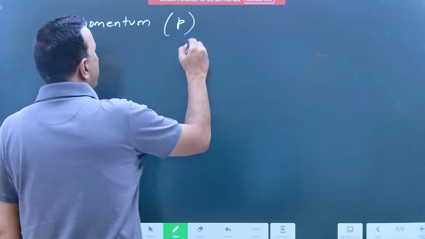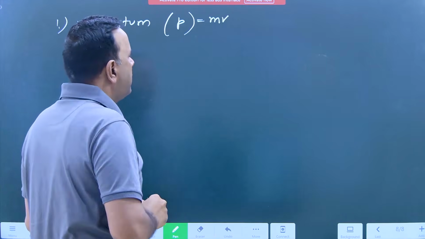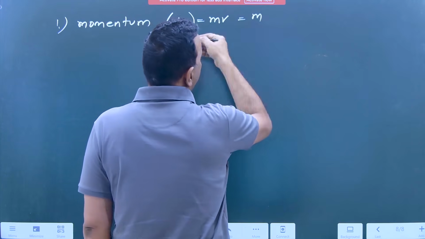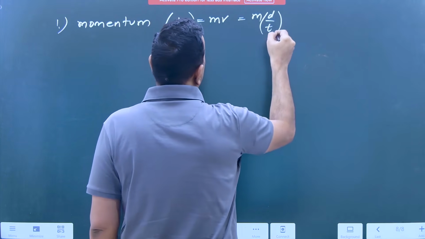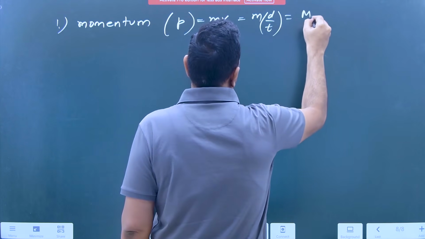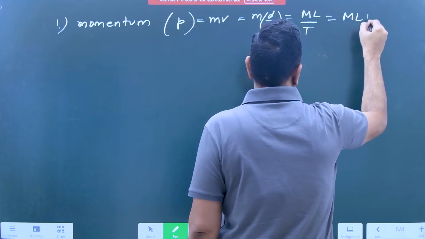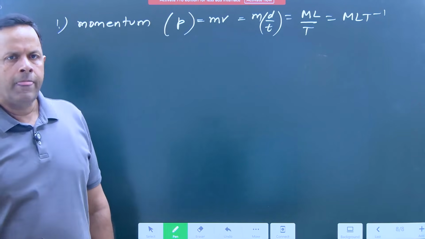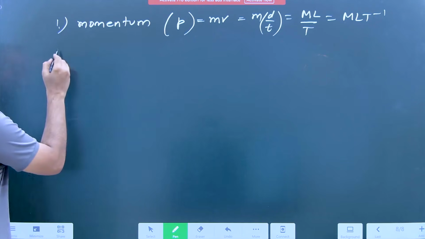So momentum is defined as the product of mass and velocity. For the mass, let it be M, fundamental. For the velocity, you can write distance upon time. So that will become M L upon T, or you can write it as MLT minus 1. All right, so that's the dimensional formula for momentum.